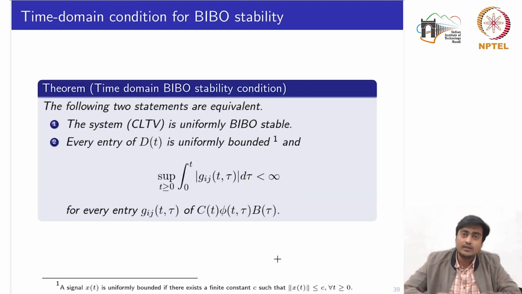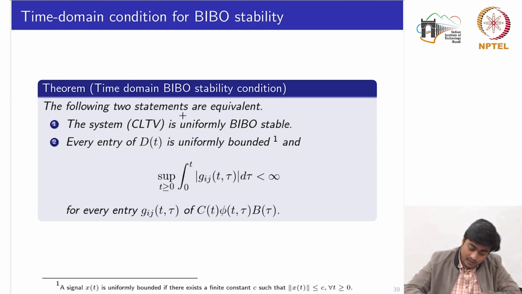So this is the key result for bounded input bounded output stability for the LTV systems. These two following statements are equivalent. First, that the system is uniformly BIBO stable. Second, that every entry of the matrix D of t is uniformly bounded, and the supremum over t greater than or equal to 0 of the integral of this integrand is less than infinity for every entry G_ij of t comma tau of this matrix.